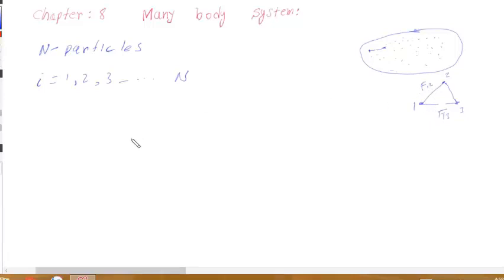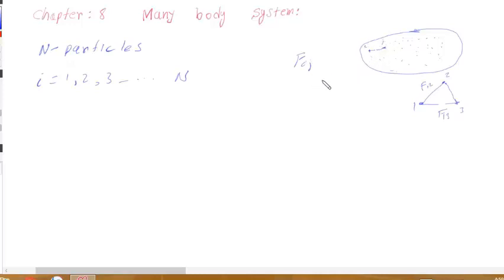These are only the internal forces between these two bodies, and there is also an external force outside this system. Then we denote the force between these two as Fij, where this one is i and this is j.